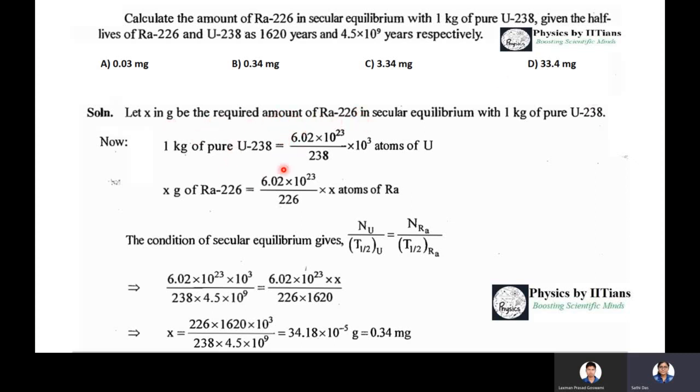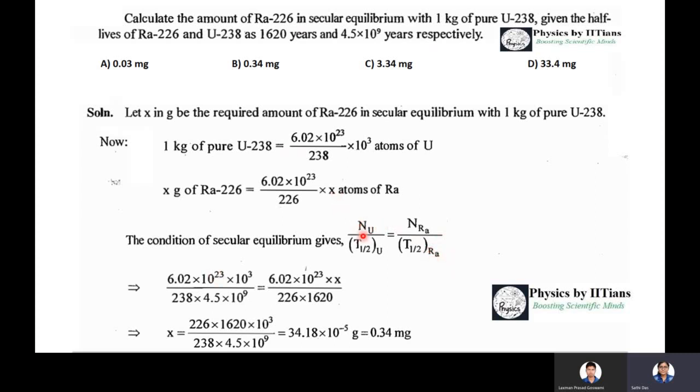Now 1 kg of pure uranium-238 means 6.02 into 10 to the power 23 by 238 into 10 cube atoms of U, because this is in kg, so you have to multiply with 10 cube. So X gram of radium-226 means 6.02 into 10 to the power 23 divided by 226 into X atoms of radium. So the condition of secular equilibrium is Nu by T half of U equals Nr by T half of Ra, where U is for uranium and Ra is for radium.